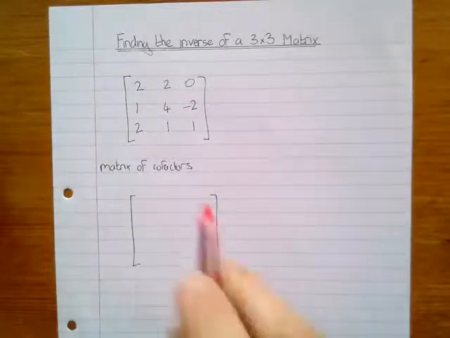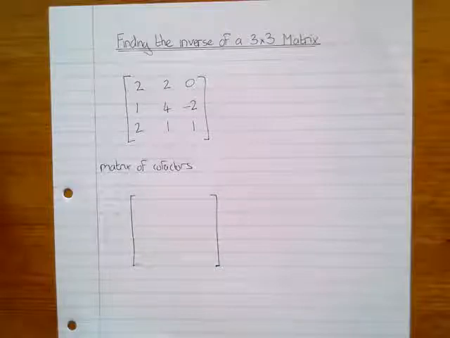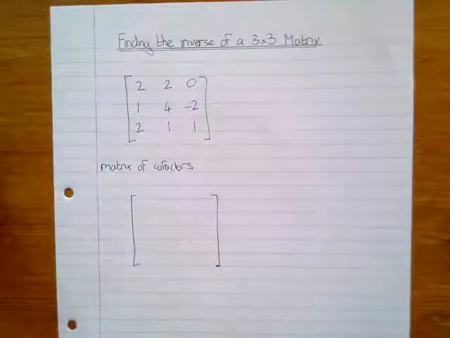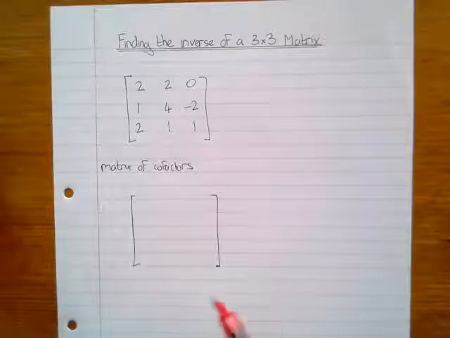So I'll just do it for the 2 and the 2 on the top row, just so you can see how I'm working these out. It's exactly the same as what we did when we found the determinant.